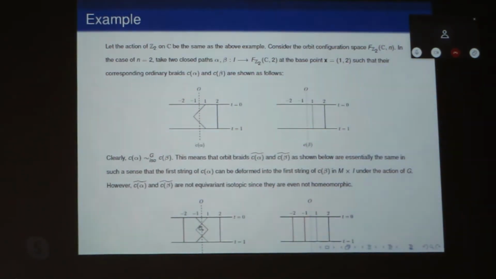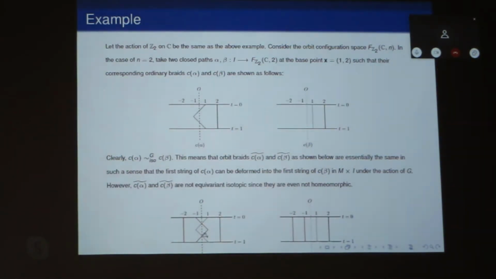Because these two axes in this space have fixed points, here is the first string. If we consider the orbit case, the first string and its orbit string have some intersection.